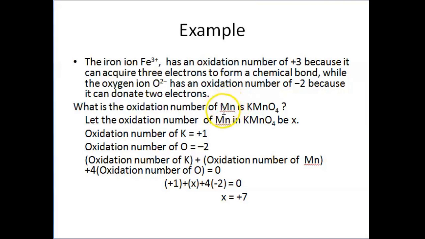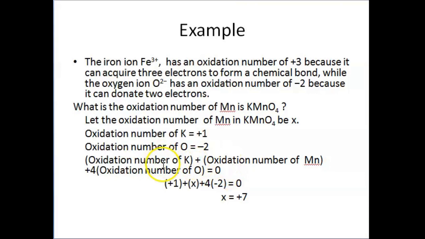Let us assume that the oxidation number of Mn is equal to X. And we know that the oxidation number of potassium is equal to +1 and the oxidation number of oxygen is equal to -2. So we have to sum up the oxidation number of all the atoms and that should be equal to 0. So the oxidation number of potassium plus the oxidation number of Mn plus 4 into the oxidation number of O will be equal to 0.